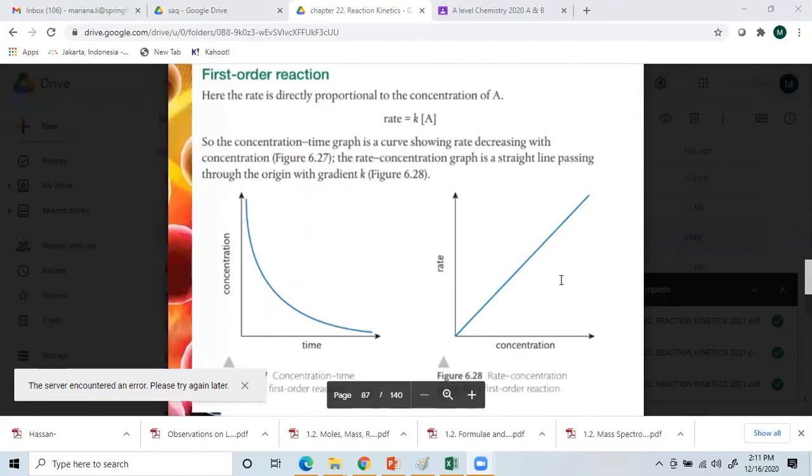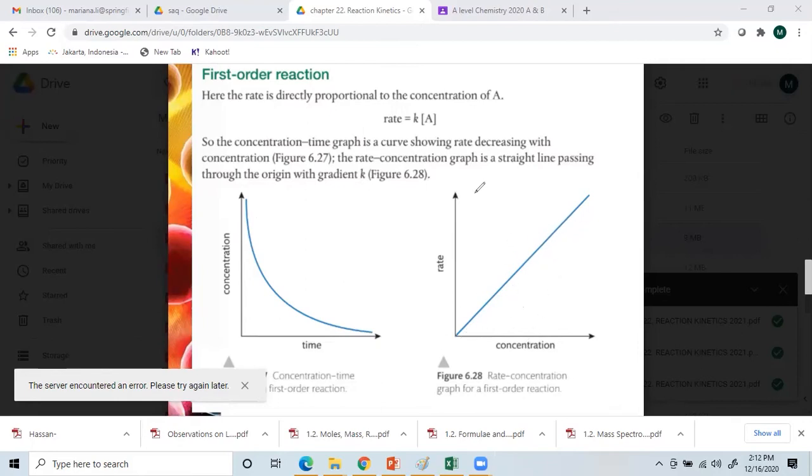This is the graph of the first order reaction. The concentration will decrease with time and make a curve like this. If you plot the rate of reaction with the concentration, the graph will be like this.